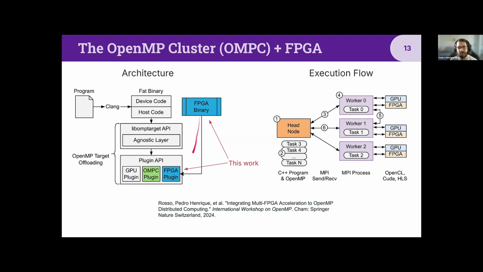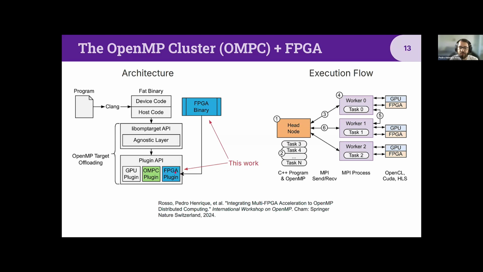But the idea is that at runtime, we read the FPGA binaries we have. So you can use FPGA binaries that are already built. You can just go to another repository and take a kernel there, built for the FPGAs you have, and use it together using our framework. So it's simple as that.